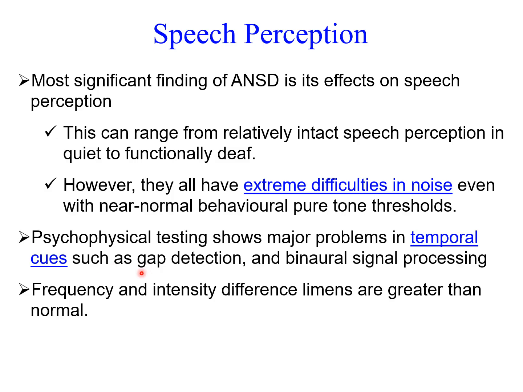For example, if you want them to do gap detection or binaural signal processing that involves timing differences, say a gap in a sound or the timing differences between both ears, they will show extreme problems on those. Also, if you want them to do frequency difference limens or intensity difference limens, they all have larger frequency and intensity difference limens when compared to normal hearing participants.